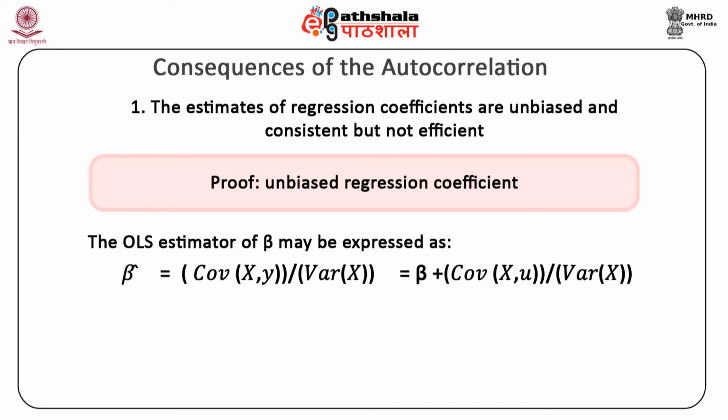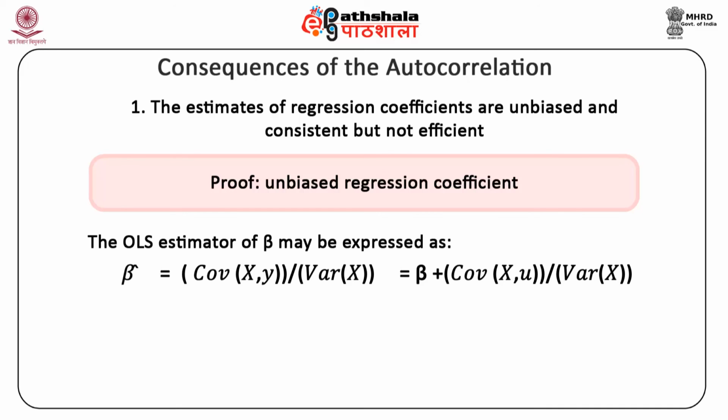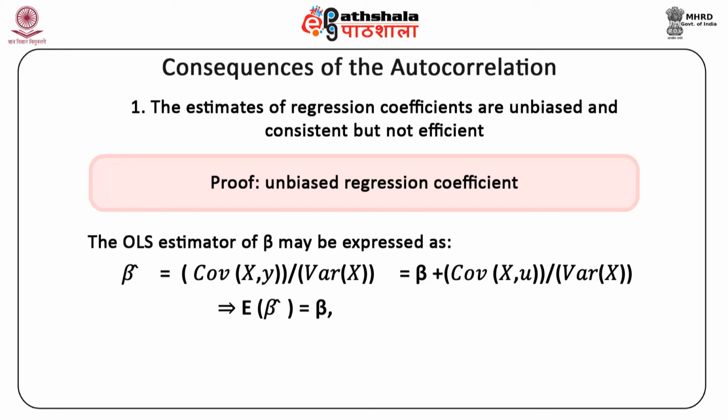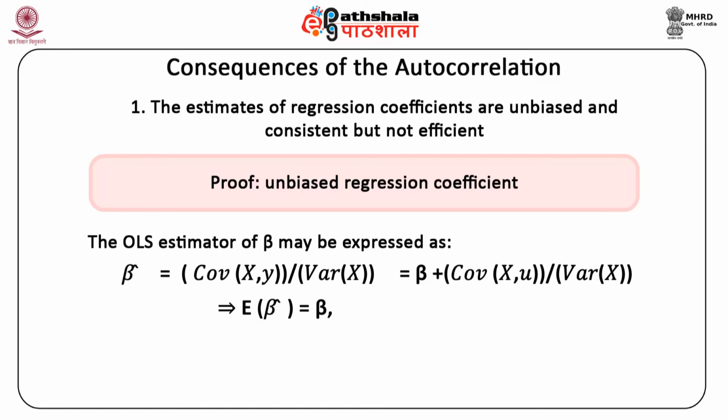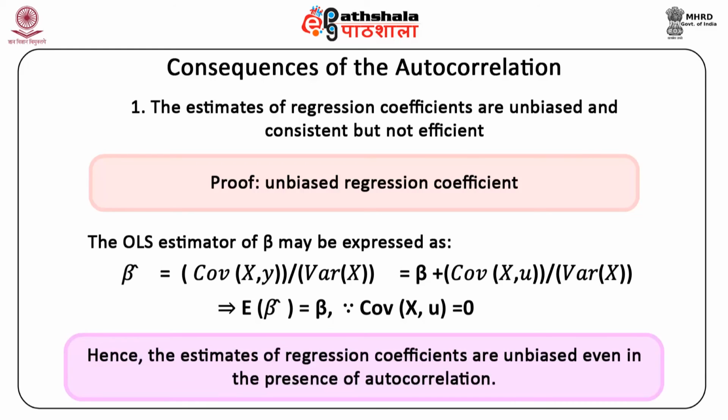Now this is equal to beta + covariance(x,u) upon variance of x. This implies that the expected value of beta hat is equal to beta because covariance between x and u is equal to 0. Hence, the estimates of regression coefficients are unbiased even in the presence of autocorrelation.